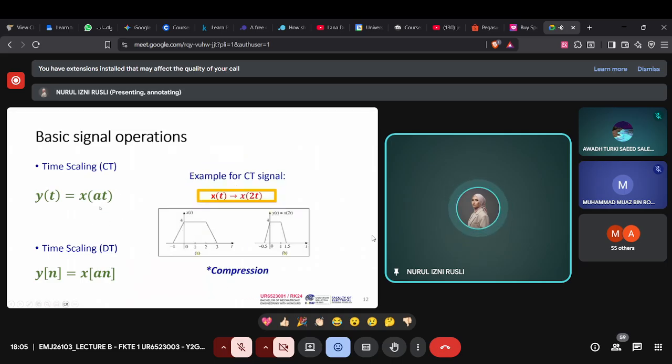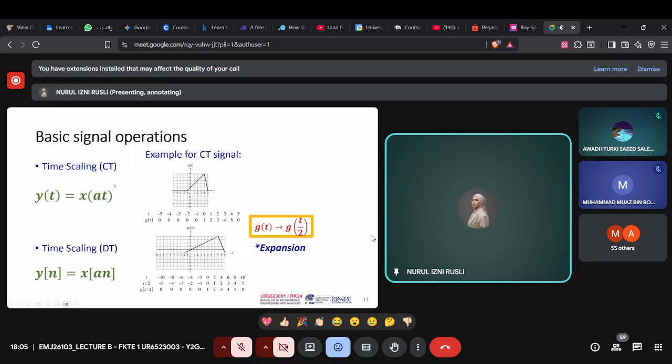So whenever a here is greater than 1, that's going to be compression. And if a is less than 1, it's going to be expansion. In this case, for these examples, you have the example for a continuous time signal here.